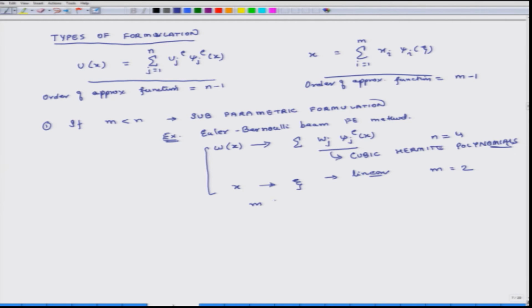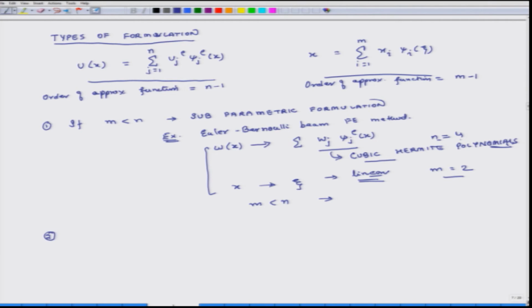So m is less than n. So this is subparametric formulation. The x to zeta transformation can still be linear, but the variation of W over x can be a cubic function. It was actually a requirement of that FEA formulation that it had to be a cubic function.